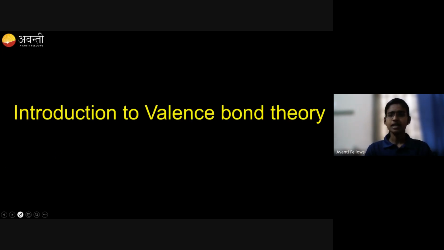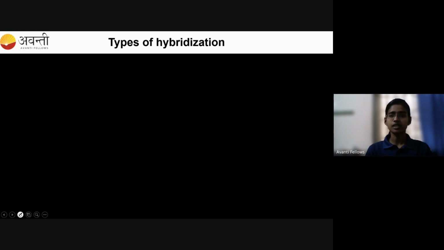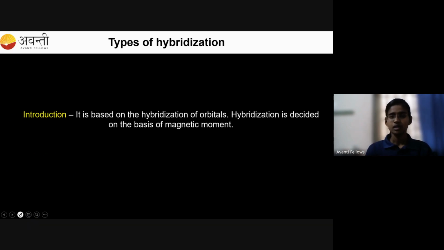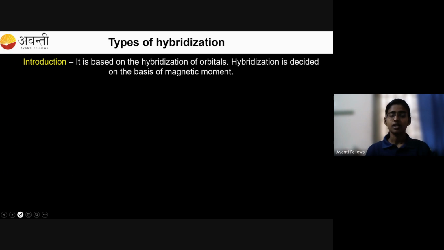It starts with the types of hybridization. The valence bond theory is based on the hybridization of orbitals. We know that hybridization is the intermixing of atomic orbitals, and there are different types like sp, sp2, sp3, sp3d, sp3d2, sp3d3.